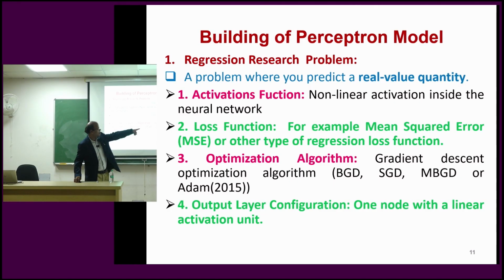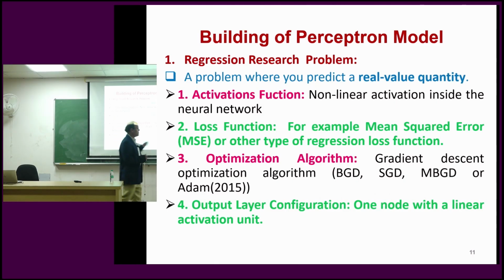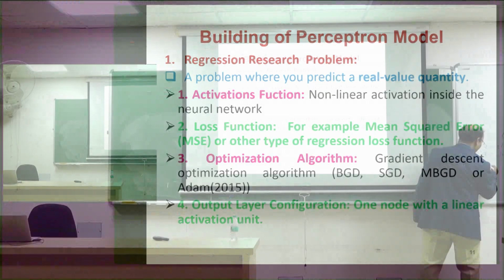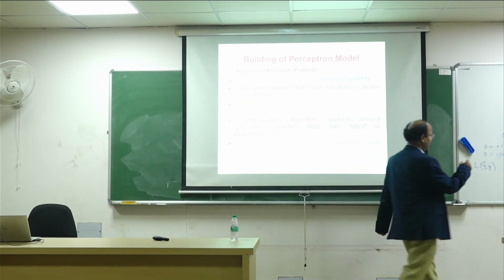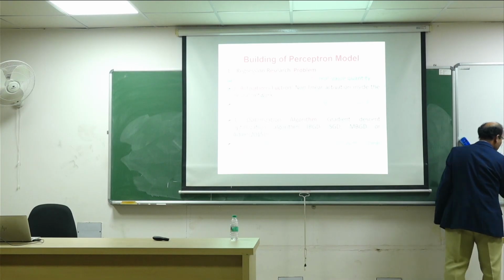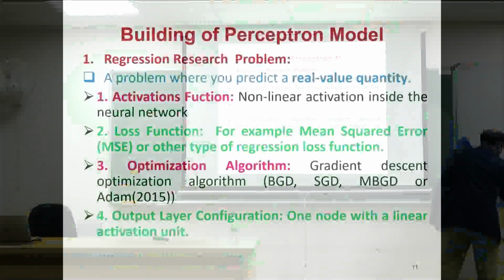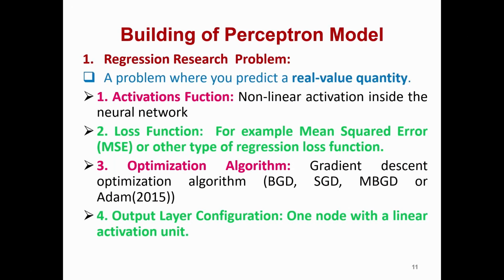Linear activation means like this, okay? And the loss function, which you have seen earlier, was a formula, right? Always L of y, y hat. This is the loss. So ideally this value should be 0, but practically close to 0, right?